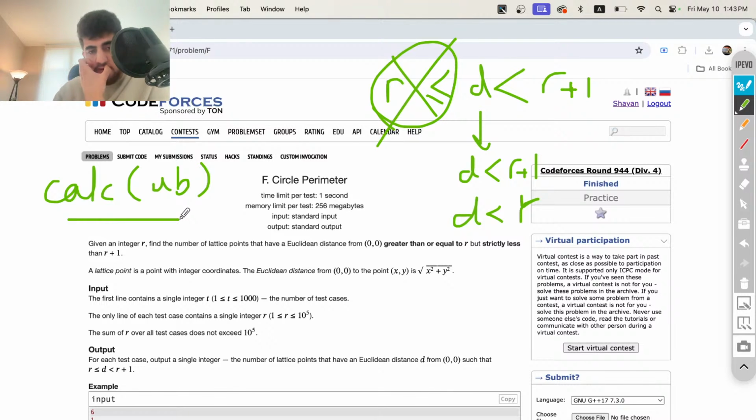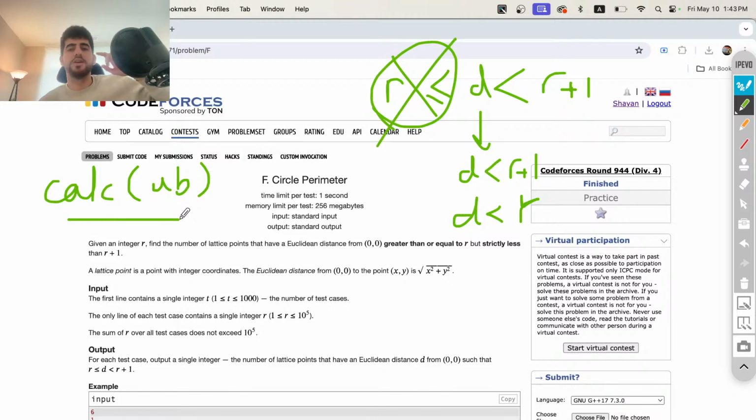Yeah, I will explain the question again. It says that given an integer r, find all the points that have integer coordinates. I mean that the coordinates should be integers. For example, you cannot have 0.5, 0.7.